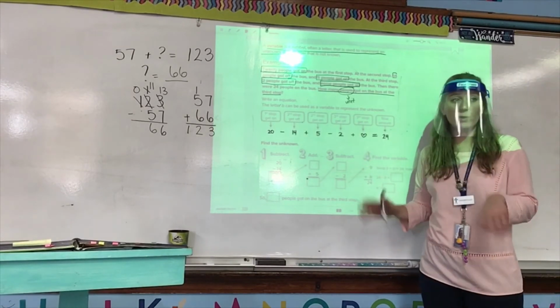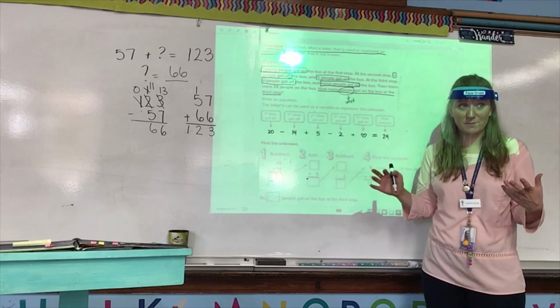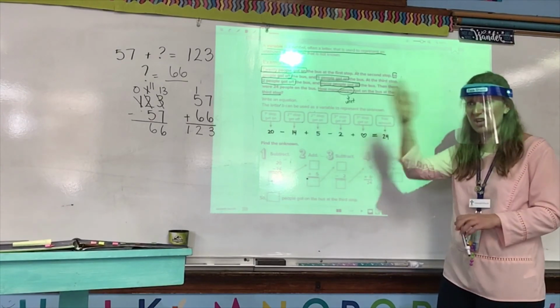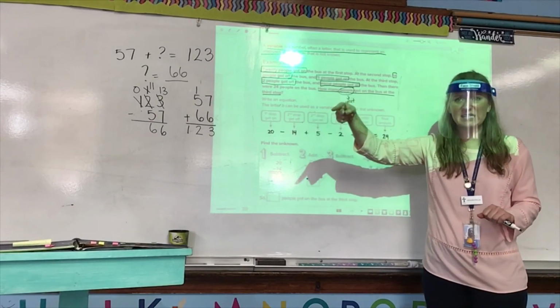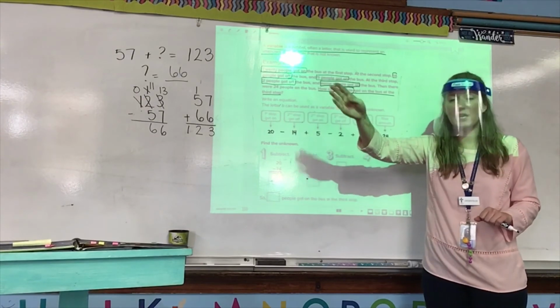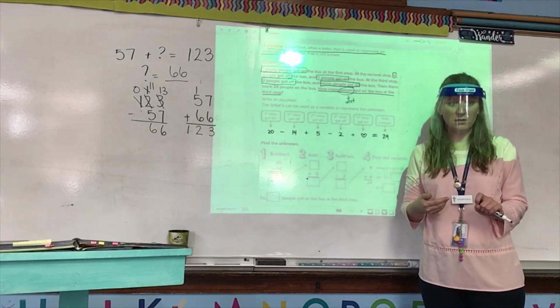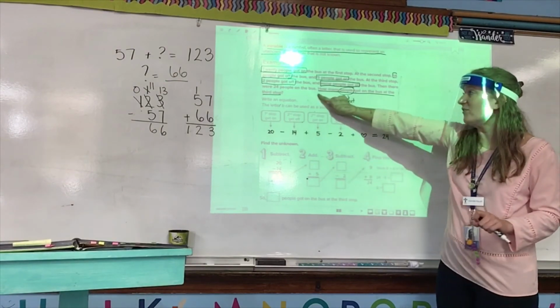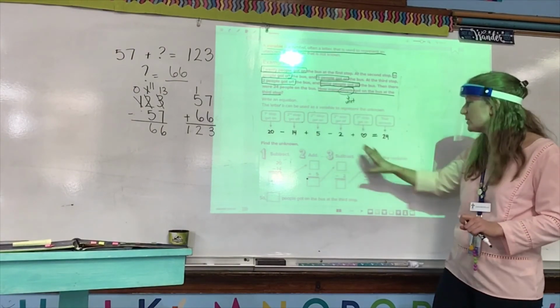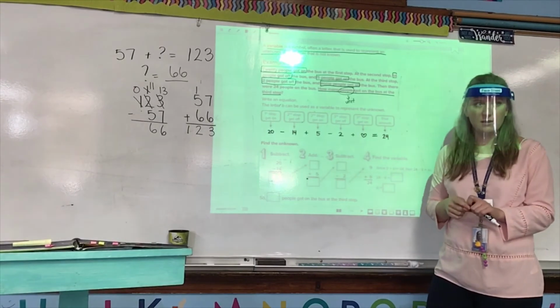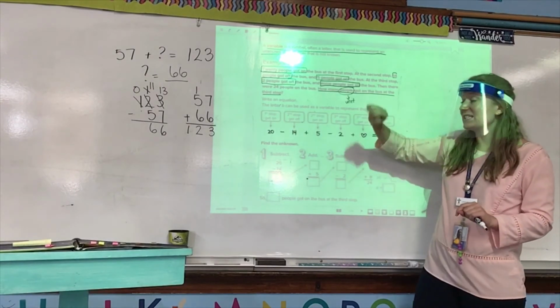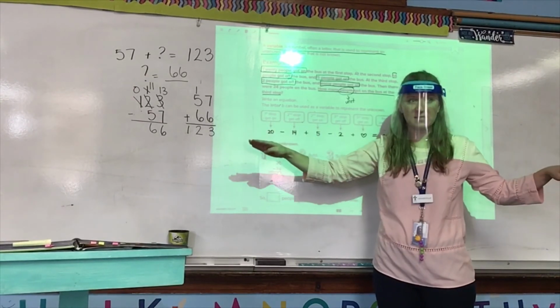So, when you're reading these problems, when you're doing them on your own, you have to figure out, do you know the final amount, like in example A, or is it like example 1 where the final amount was the unknown? Or do they give you the final amount, which means a part of the problem is the unknown? In example 1, we knew all the pieces of the problem.